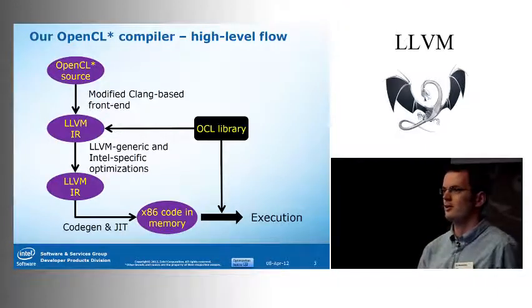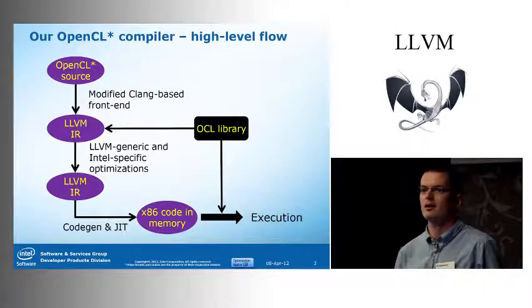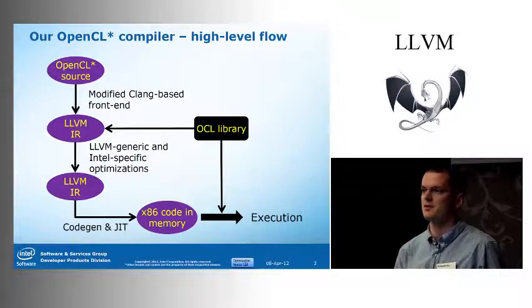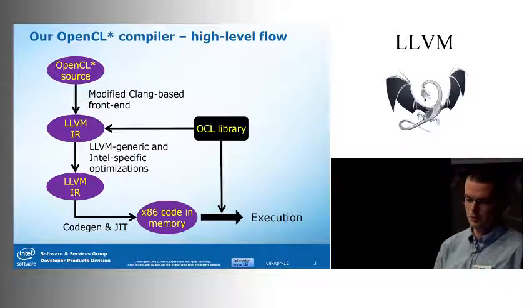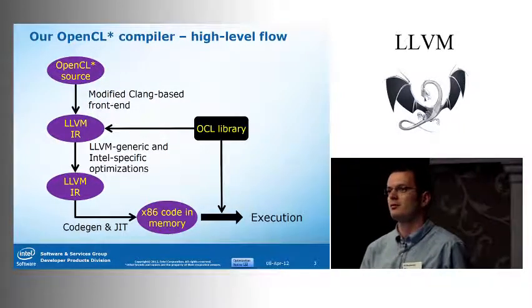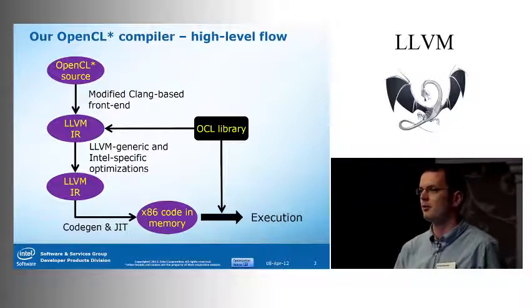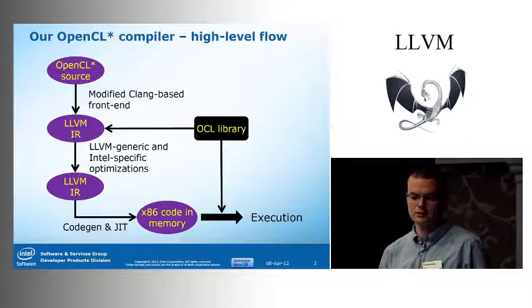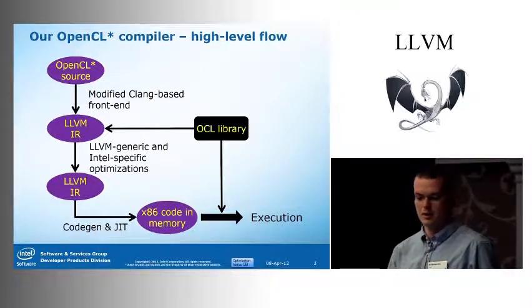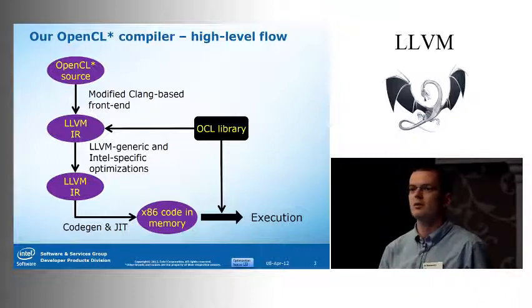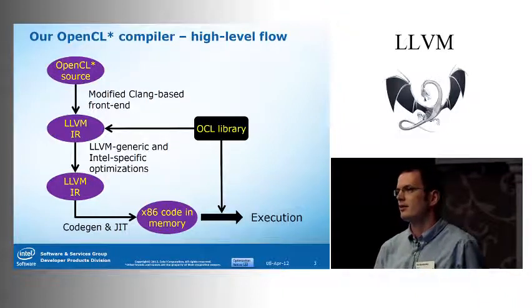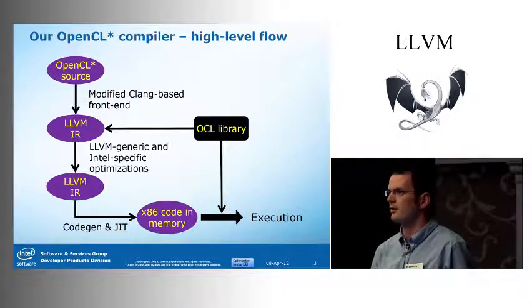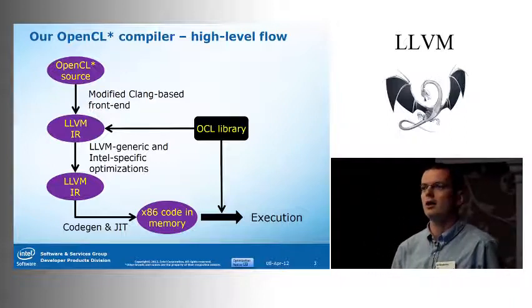So, just to provide a little bit of context, I want to describe in a few words how our compiler uses LLVM. We start at the front end. We use Clang, modified Clang that's able to parse OpenCL to produce LLVM IR, which we then optimize with the standard optimizations of LLVM as well as some specific internal optimizations we are doing.